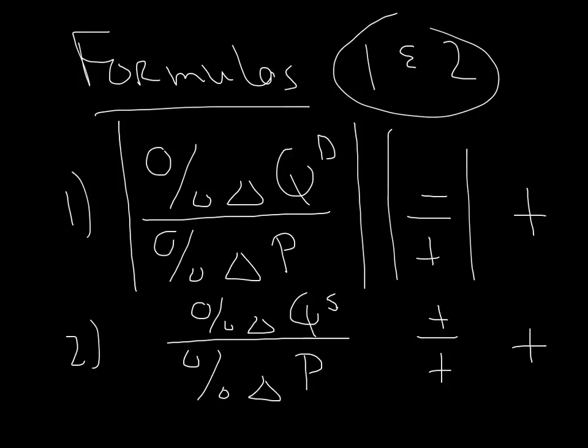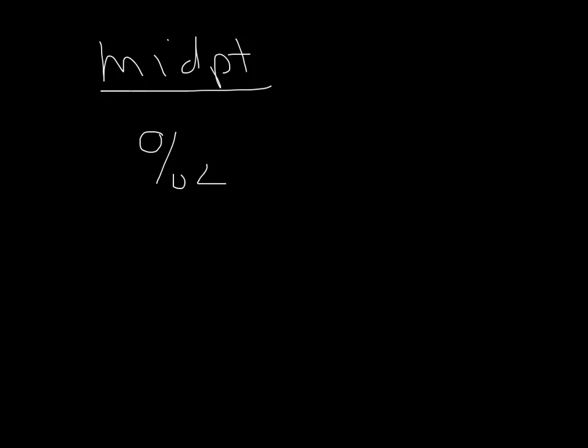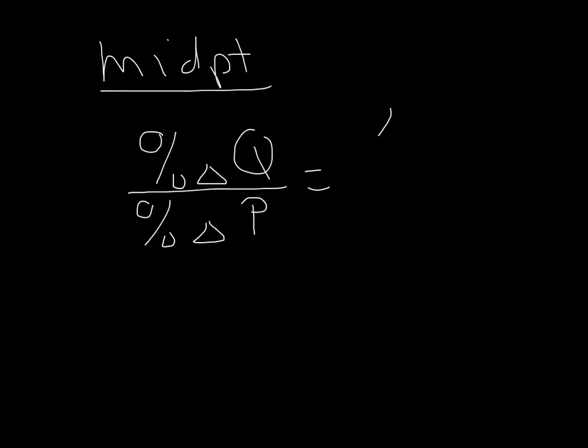I'm going to stay with these 2 formulas, speak about what's called the midpoint rule on how you must go about calculating the elasticity. So for a percent change, I'm going to ignore the absolute value sign, percent change in quantity over percent change in price. Once again, this is true for either the quantity supplied or the quantity demand. For percent change, so our change in our quantity, new minus old, it's going to be in our numerator of the top fraction.